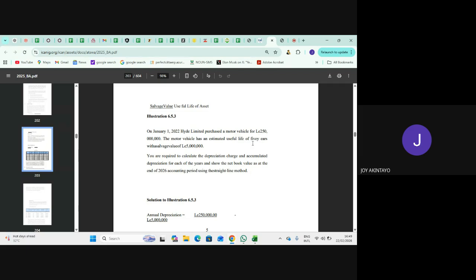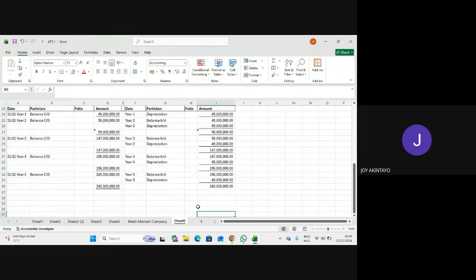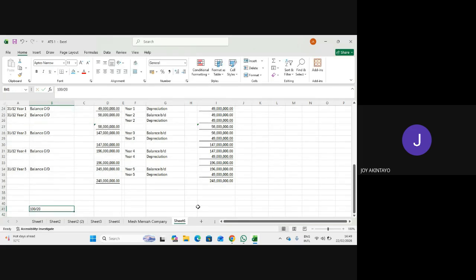So if they say 20%, to know the number of years, just divide 100 by 20. Are we together? 100 divided by 20 will give you 5.